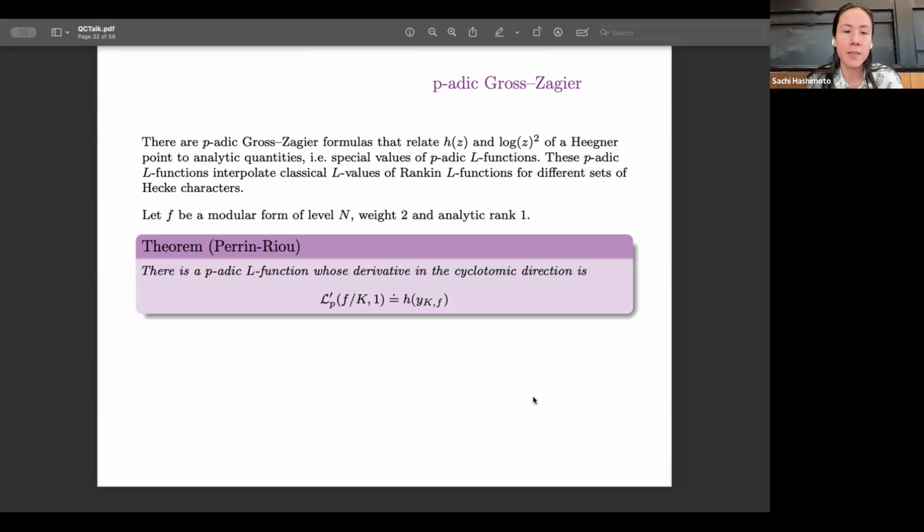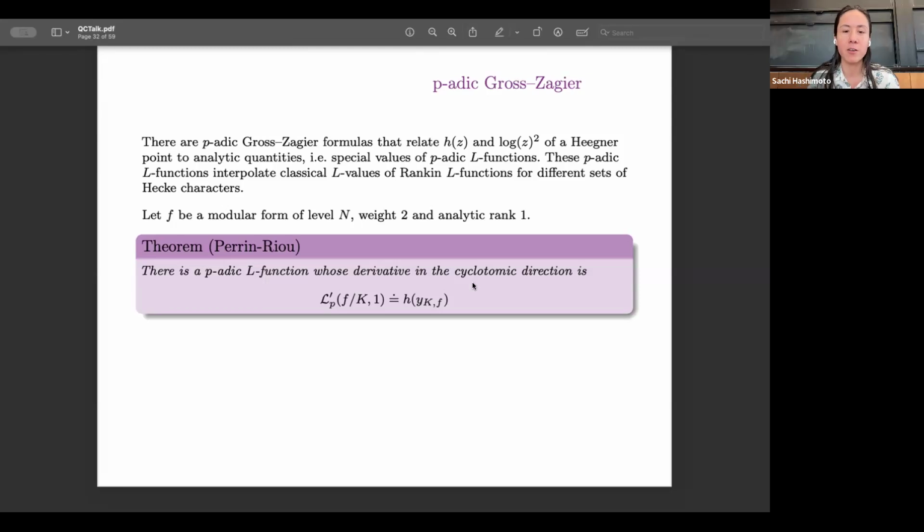The first generalization, or p-adic version, of Gross-Zagier that came along is a direct analog of the Gross-Zagier formula, and this is due to Perrin-Riou. Perrin-Riou shows that there's some p-adic L-function whose derivative in what I'll call the cyclotomic direction, for reasons that I probably don't have time to explain in this talk, is proportional to the p-adic height of our f-isotypical component.